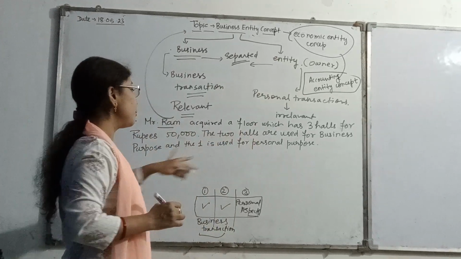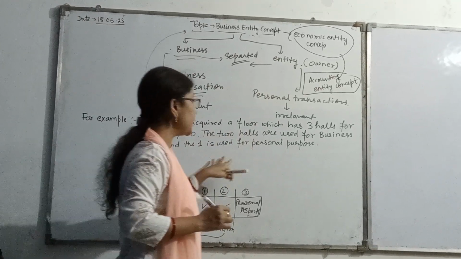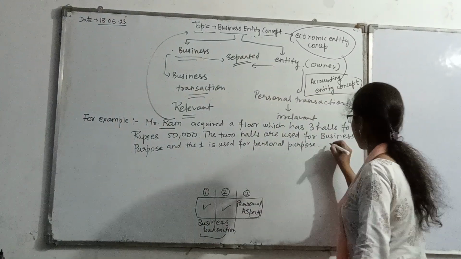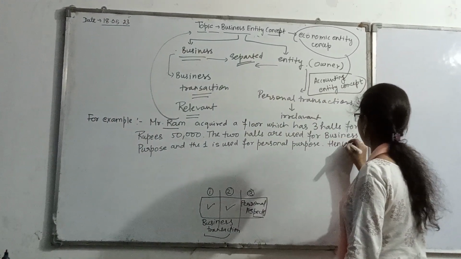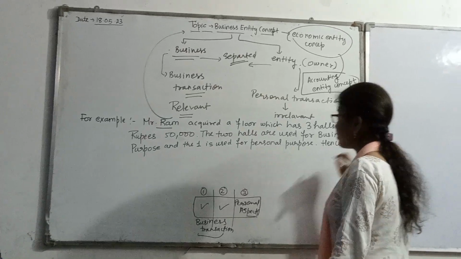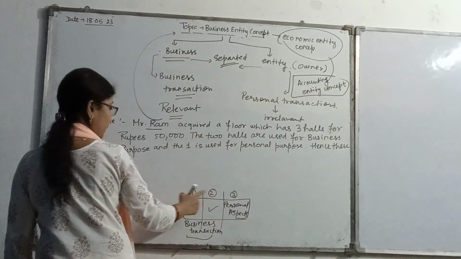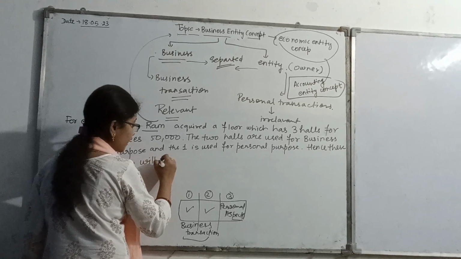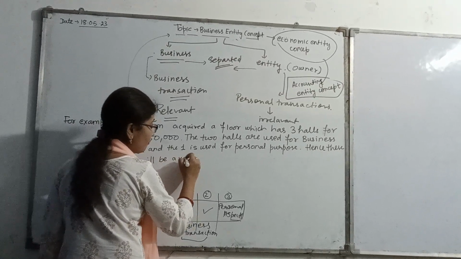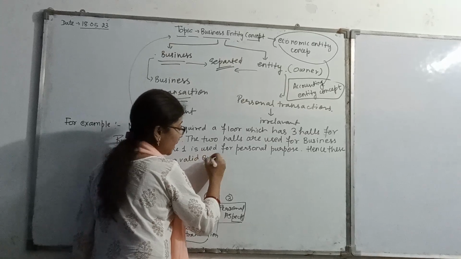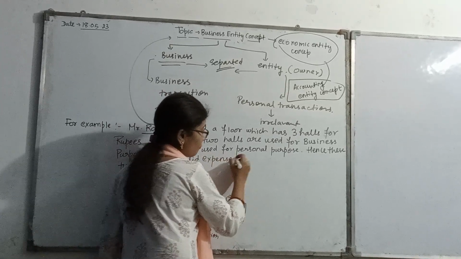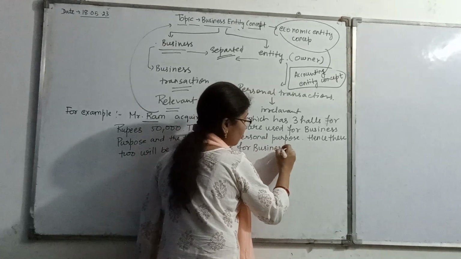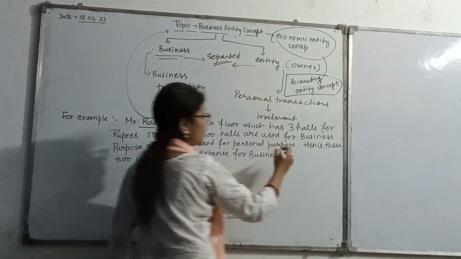The 2 halls are used for business purpose and the third one is used for personal purpose. Hence, these two, 1 and 2, will be a valid expense for the business according to the business entity concept.